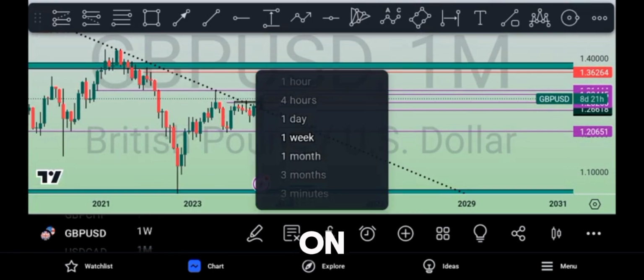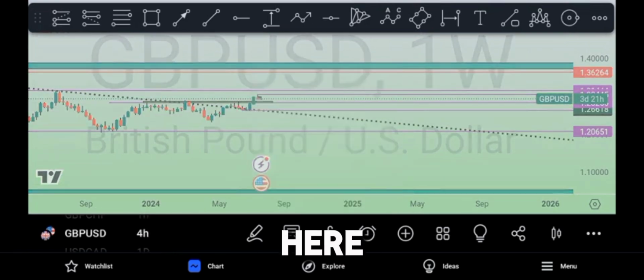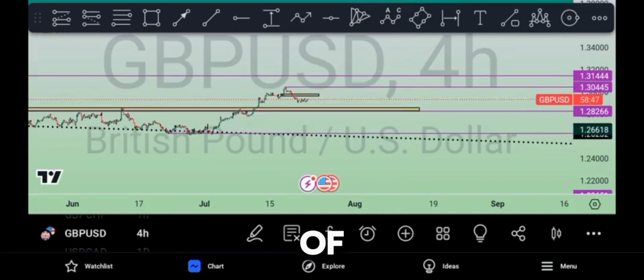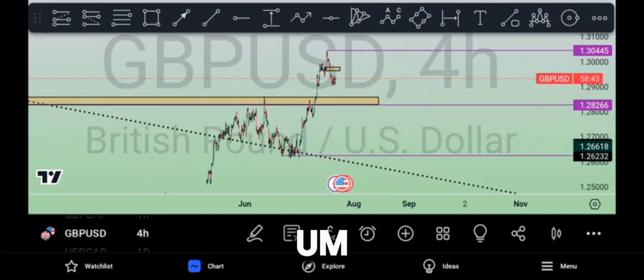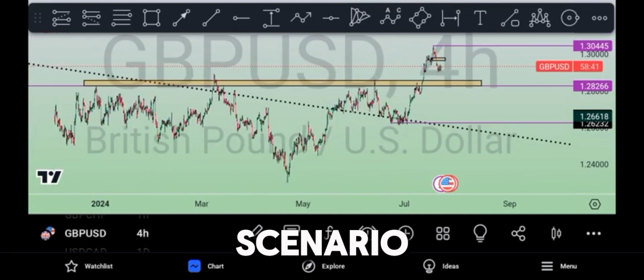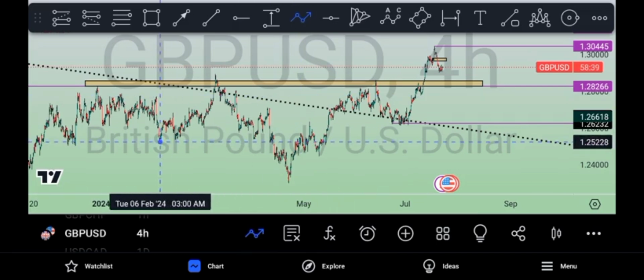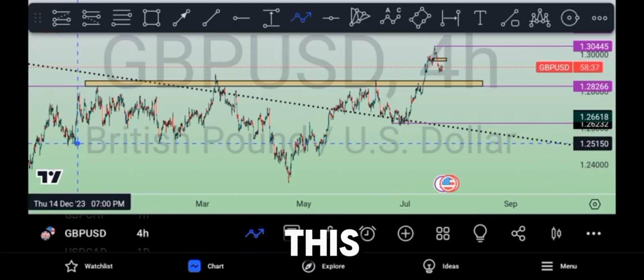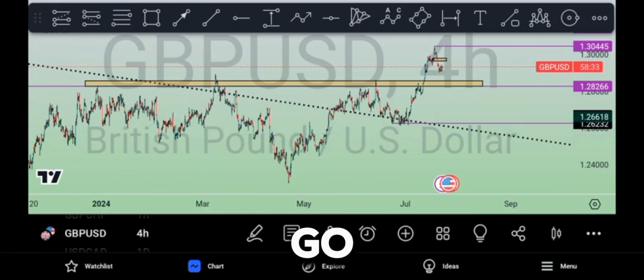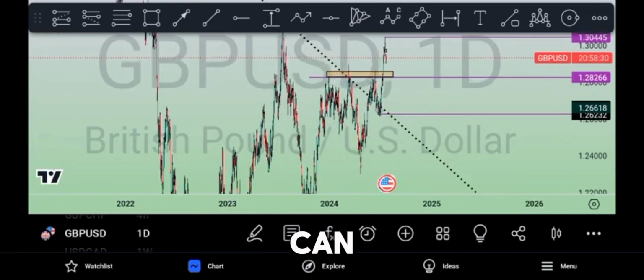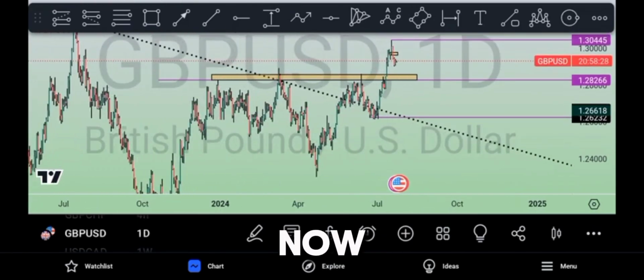But on the 4 hour right here, I'm seeing some kind of confirmation, some kind of breakout and pullback scenario. If you look closely, this market has given an inverse head and shoulder right here. Let me just go to the daily time frame so that you can see it very clearly. Nice.